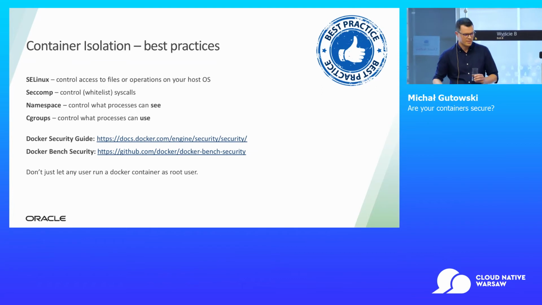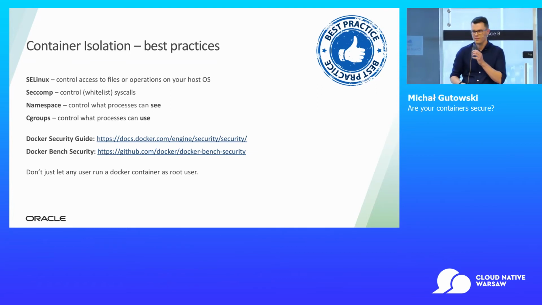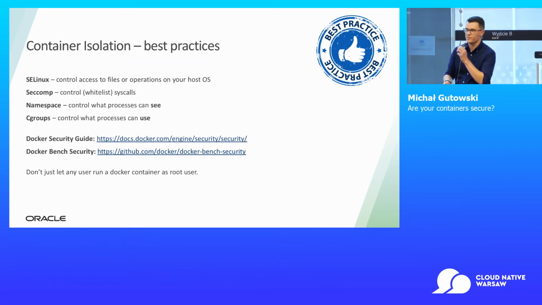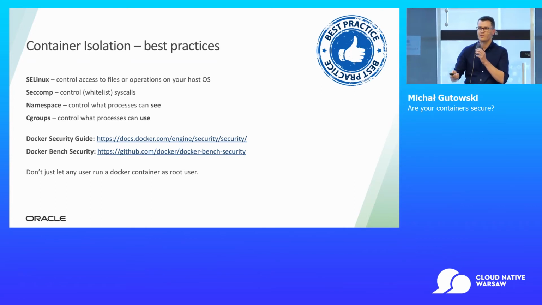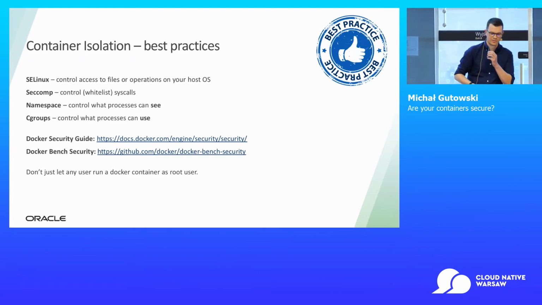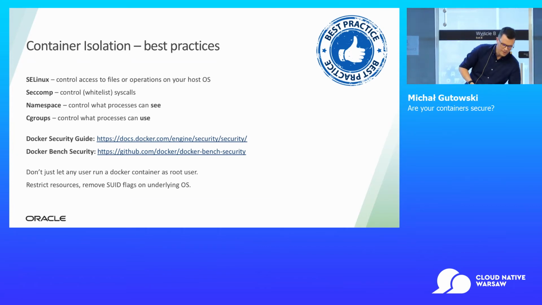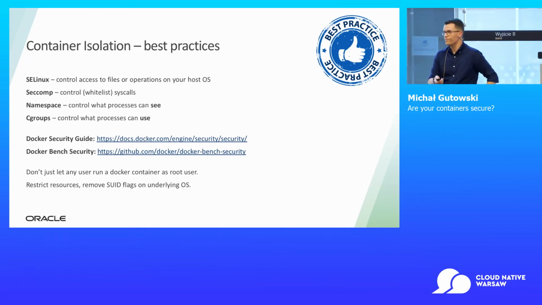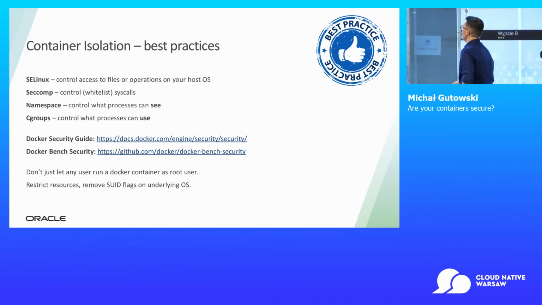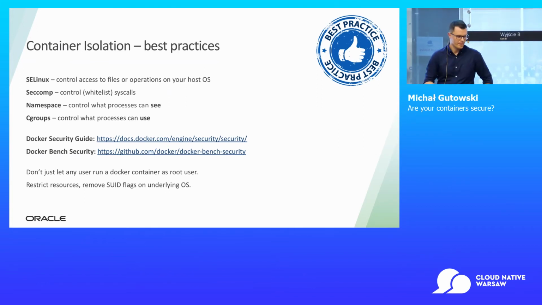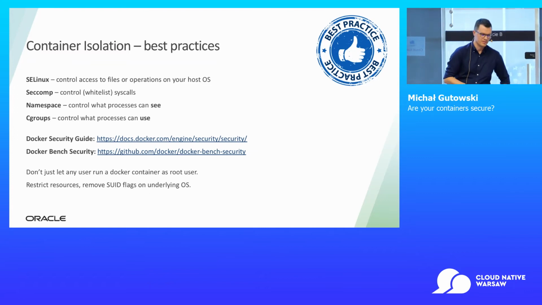And don't run containers as root users, because as you can see, if you are root in a container, you are effectively root on the underlying operating system. Restrict resources, and remove set user ID flags.